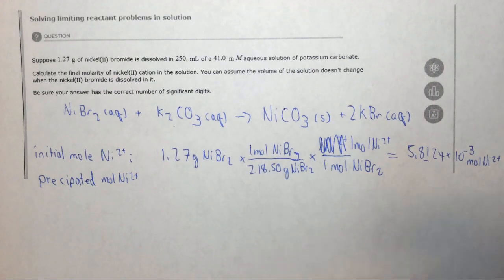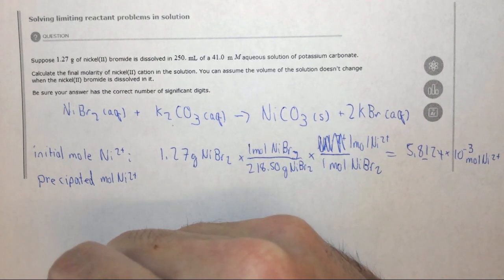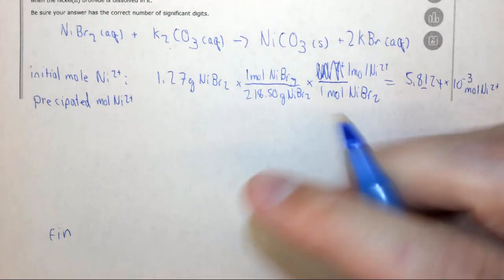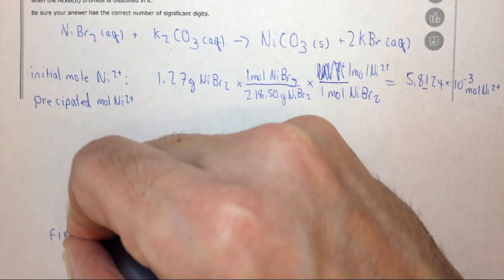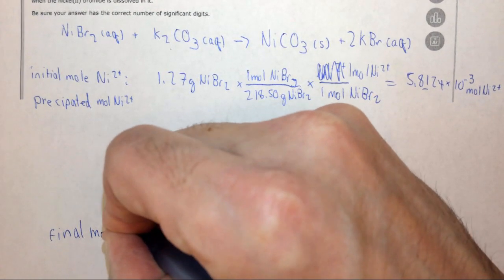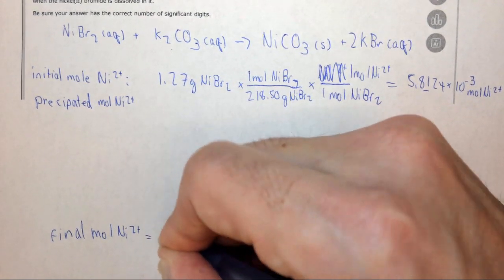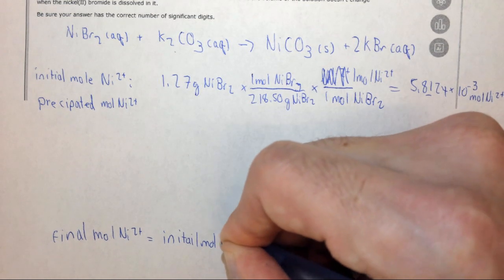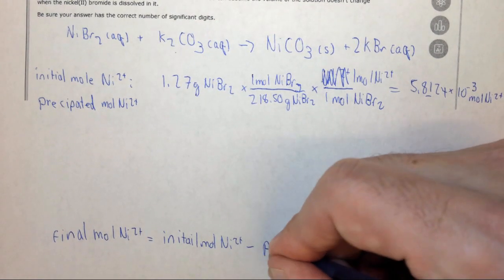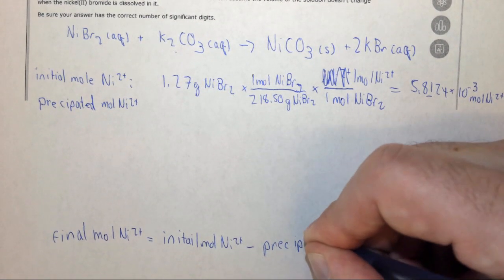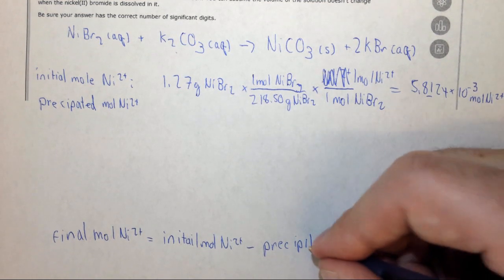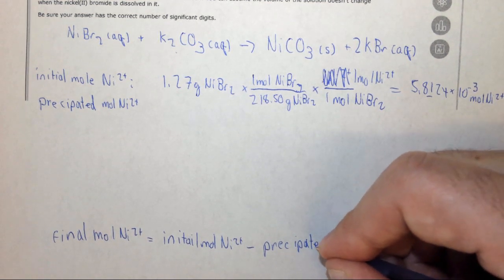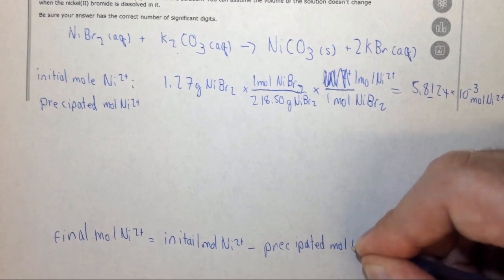And then in the end, the final moles of Ni2+ will equal the initial moles of Ni2+ minus the precipitated moles of Ni2+.